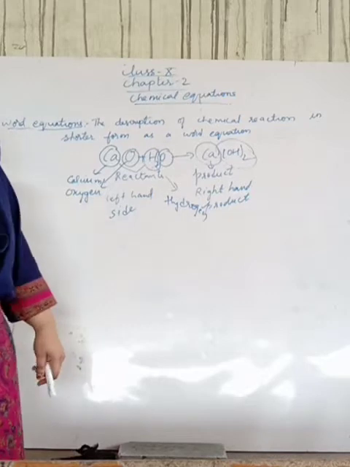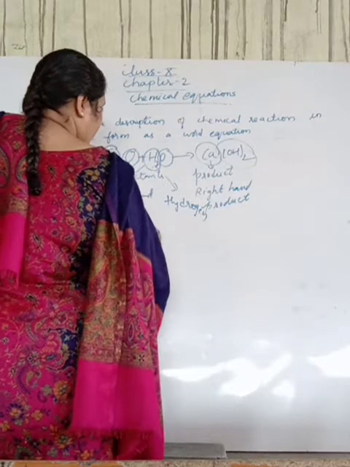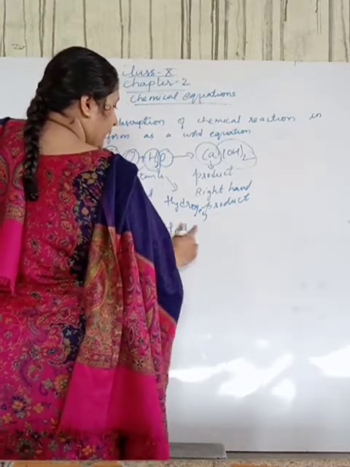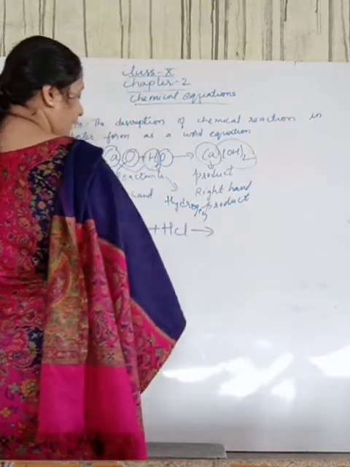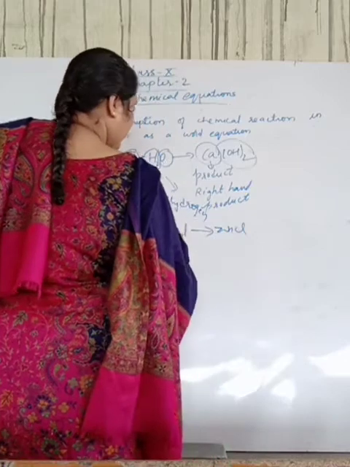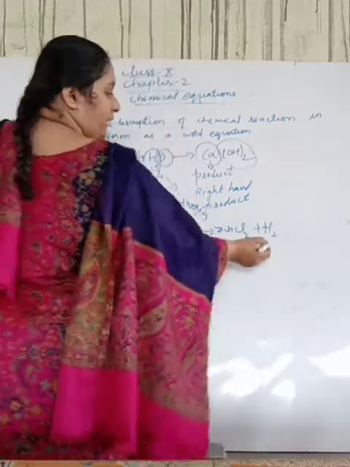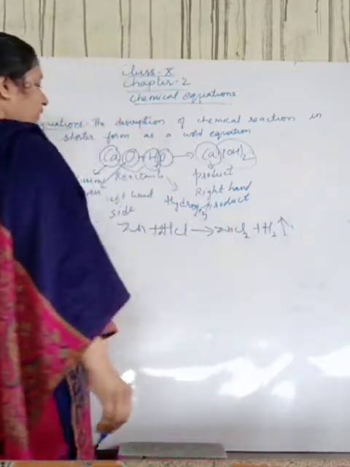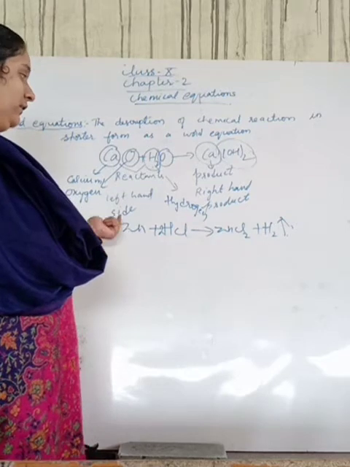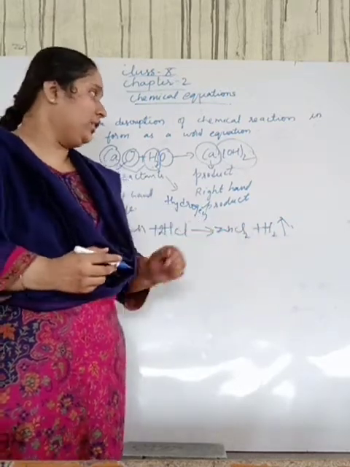Now, in the third activity, whenever zinc reacts with HCl, what will you get? ZnCl2 plus H2. Hydrogen gas is released. So this is also the word equation of activity 3. Here the release of hydrogen gas is also specified.